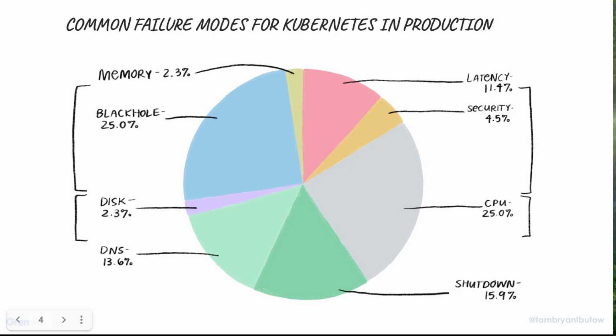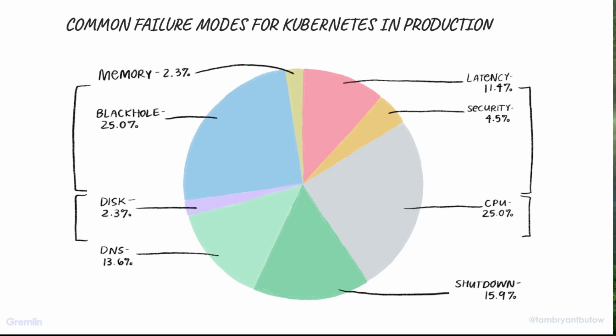This is 25% and 25%, so 50% of all issues are black hole and CPU. Now, when we look at the next most common, it's shutdown, 15.9%, then DNS, 13.6%, lots of DNS issues, pretty common as well. And then latency, 11.4%, and then a few others.